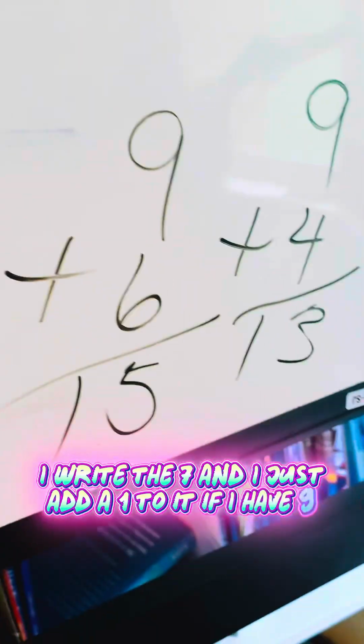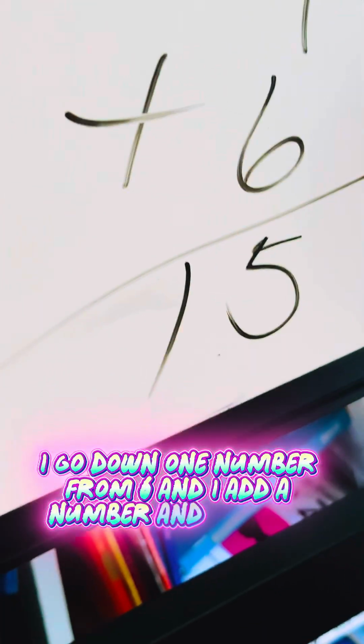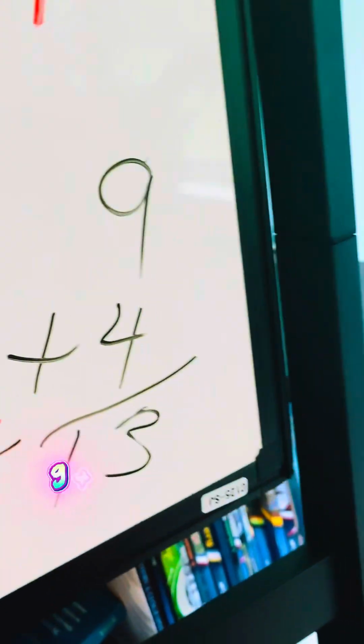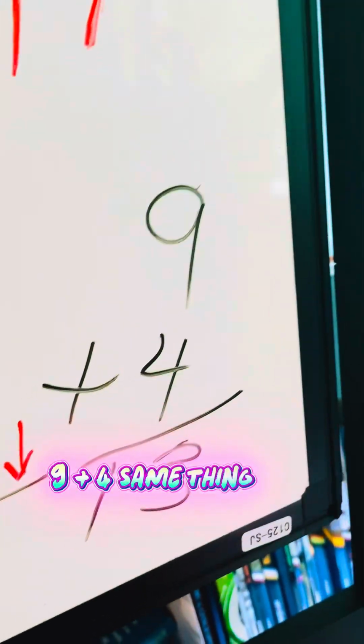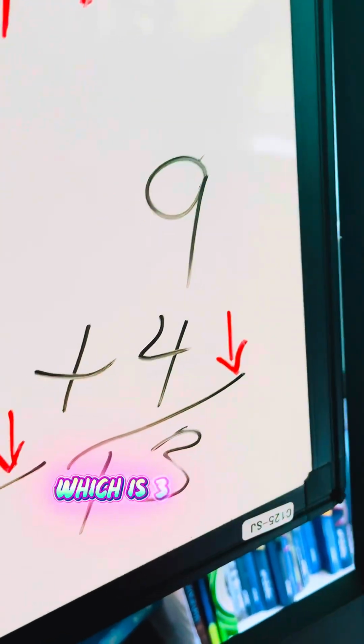If I have 9 plus 6, I go down one number from 6 and I add a 1 to it. Good. 9 plus 4, same thing. I go down one number from 4, which is 3, and I just add a 1.